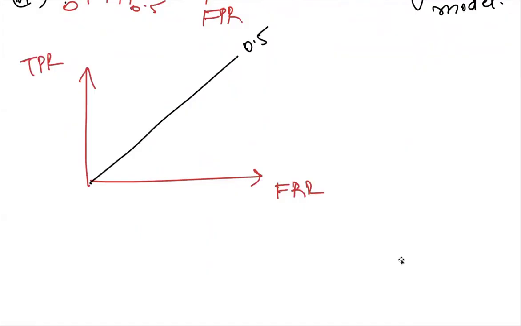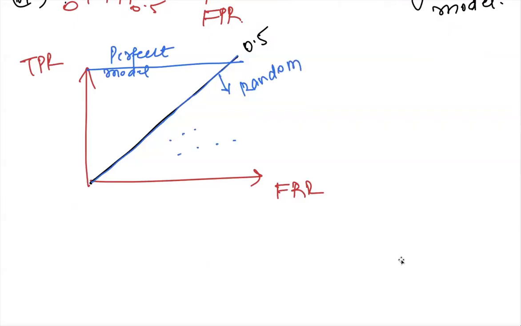If you got a figure like this, it means a perfect model. If your line comes like this at different thresholds, it means a perfect model. If it comes like this, your model is random. And if it's somewhere here, it means a worse model.